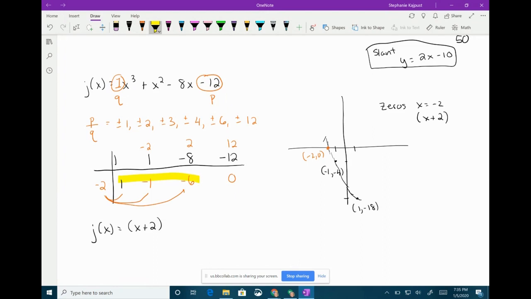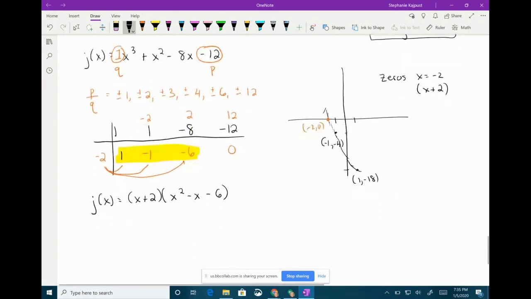And then I take this, and that gives me the second half of my polynomial here. We started with x cubed, so now this is going to be an x squared because I already removed an x. That gives me x squared minus x minus 6. And once I get to something that's quadratic, I factor or use the quadratic formula. I picked this because it's factorable.